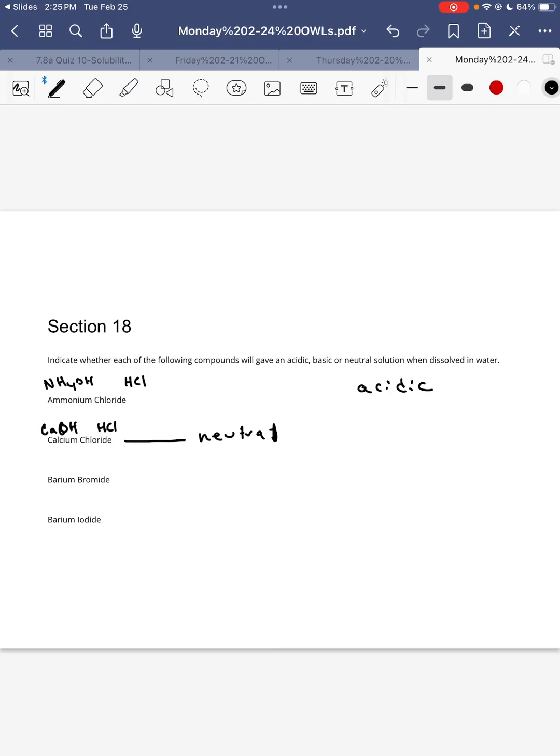Barium bromide comes from Ba(OH)2, a strong base, and HBr, a strong acid. So since that's strong and strong, it will also be neutral. And lastly, barium iodide comes from Ba(OH)2, a strong base, and HI, a strong acid. So that too will be neutral.